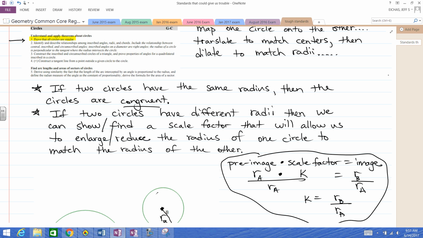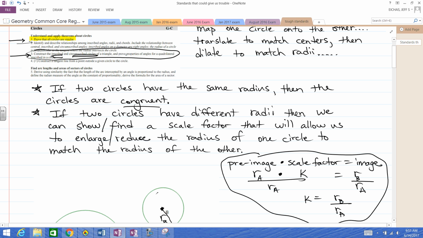All right, another one that we talked about, and this was the last day of class that we went over these. I'm going to skip this because there's so many of them there, but we're going to talk about how to construct the inscribed and circumscribed circles of any triangle.